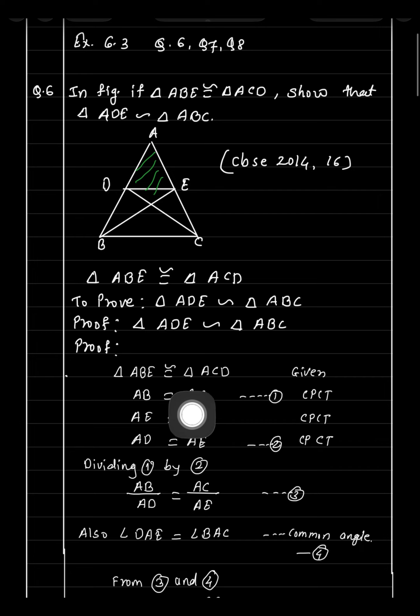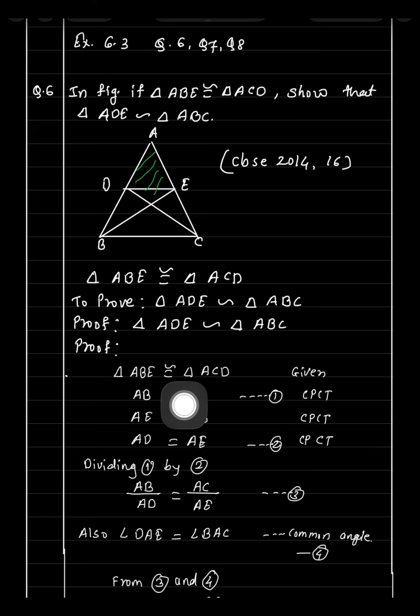Triangle ABE is congruent to triangle ACD, this is given in the question. If congruent, that means what? All sides and angles are equal.